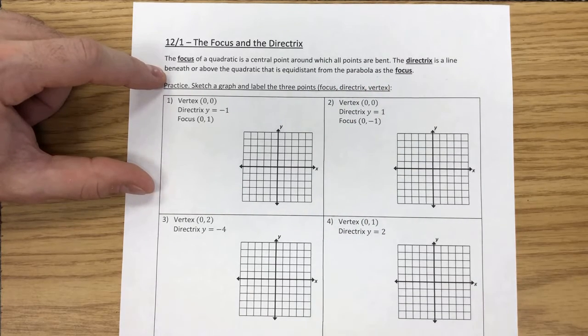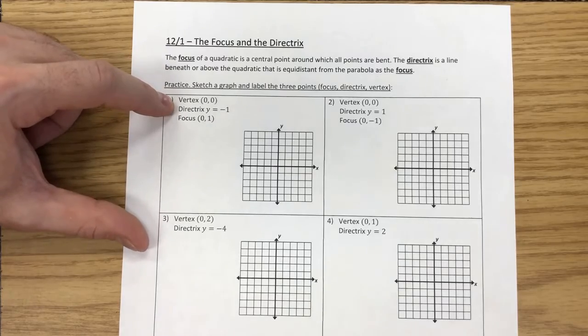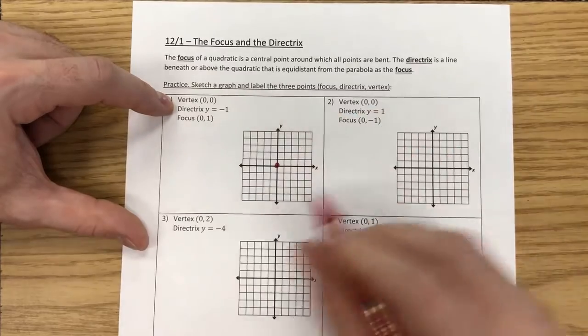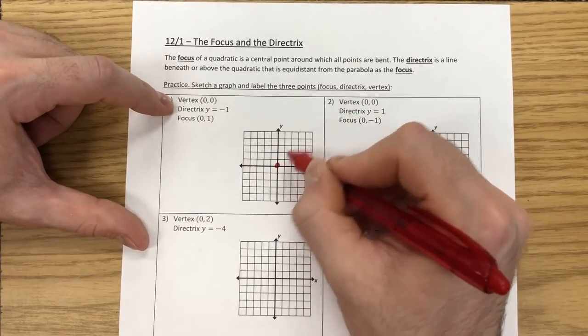So what's going on is that if I give you a vertex, this vertex is going to be curved with a parabola.